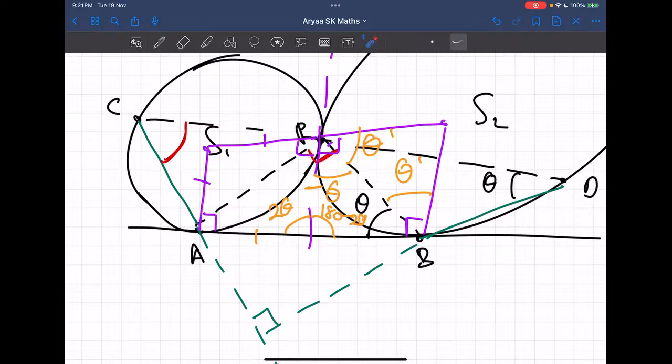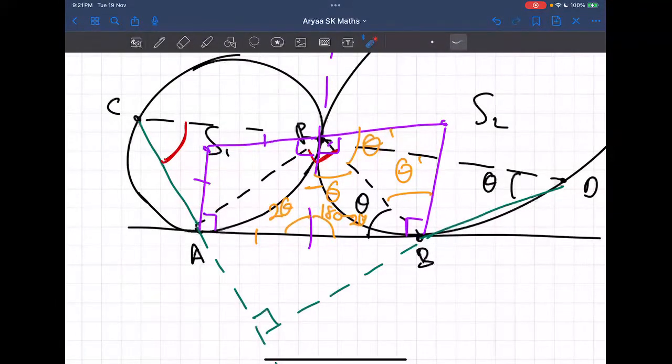So if we show this is theta dash, would that make sense? If this was theta dash, this would also be theta dash, since it's an isosceles triangle. And do those add up to 180? So we have 90 plus 90 minus 2 theta. Yeah, okay. So this would work if we could somehow show that this is theta dash.